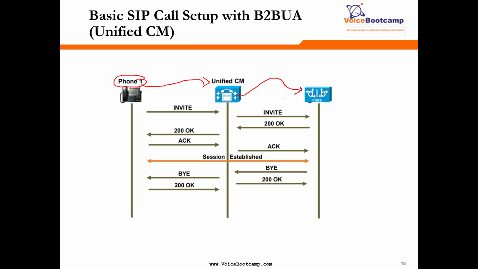However, when the RTP is ready to be established, RTP is going to be between phone 1 and the CUBE device itself. So whenever a proxy is involved, the signaling is never directly between the end devices, but the RTP is always between the end devices.